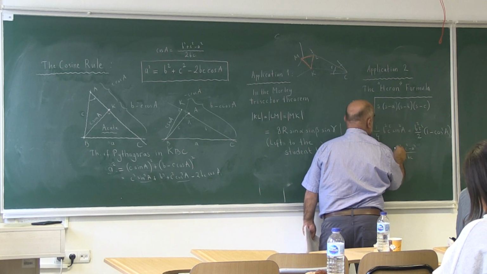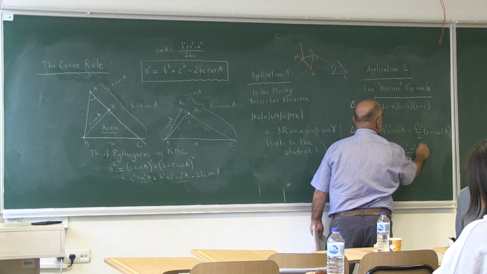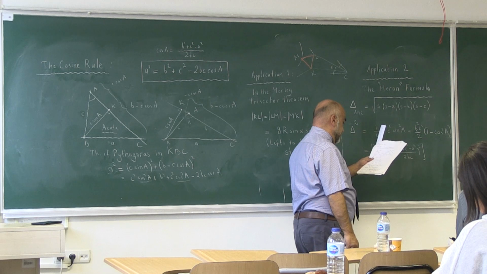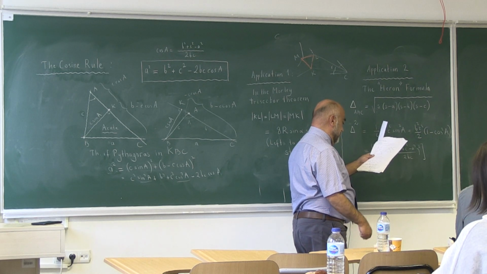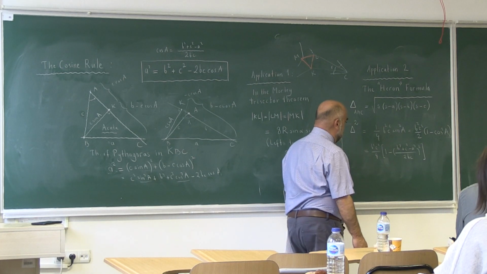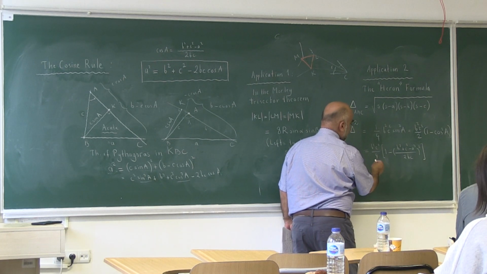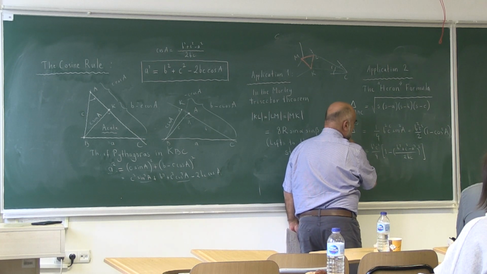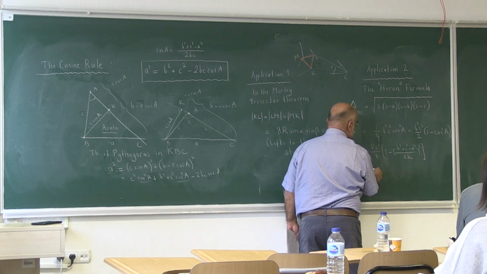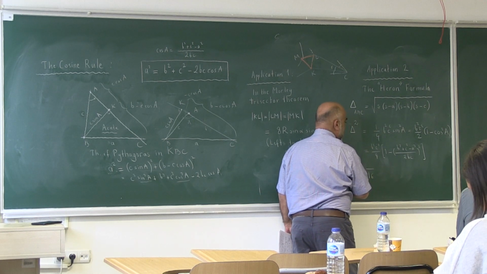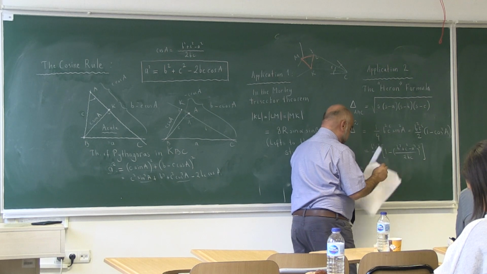Now this rather big object is squared. That looks good enough, but I would like to manipulate it a little bit. There is 4 squared, so let me take 16 outside so that I can have a nicer situation.